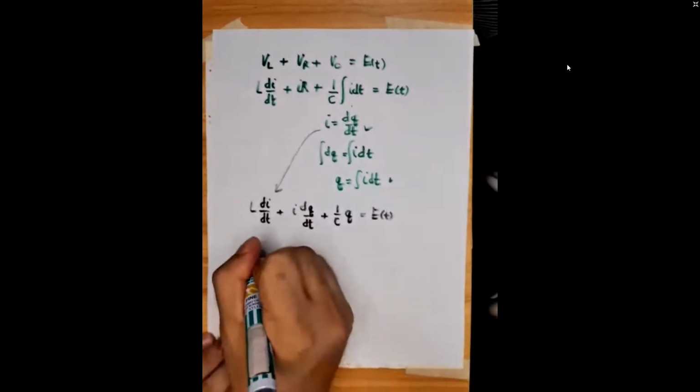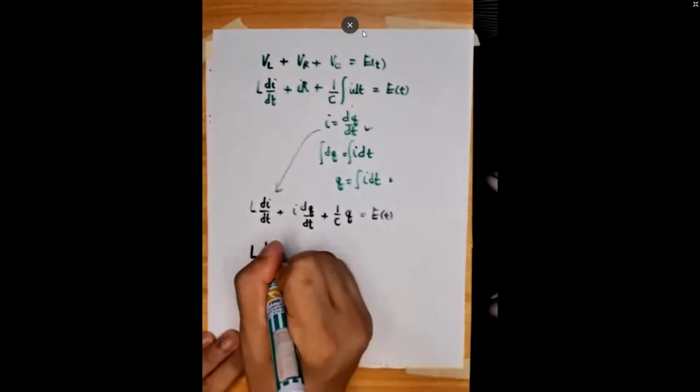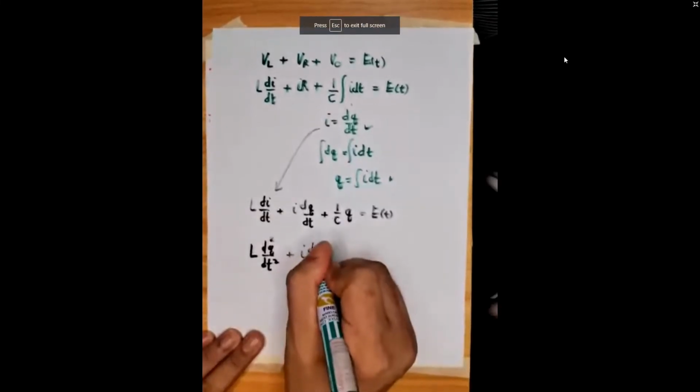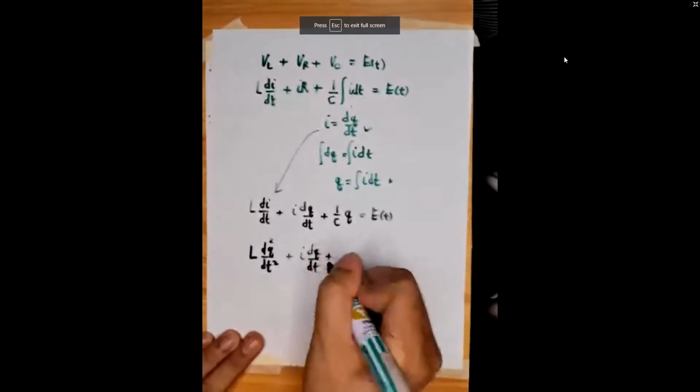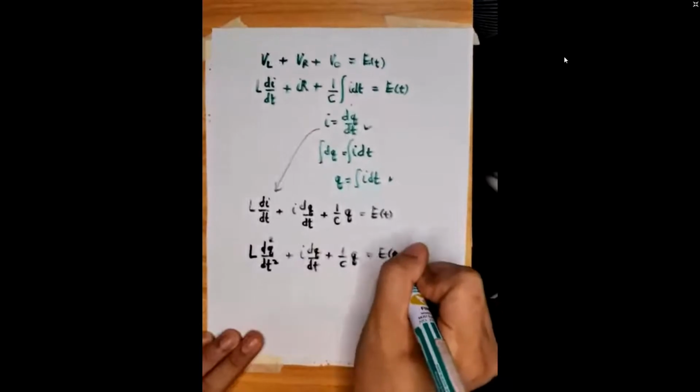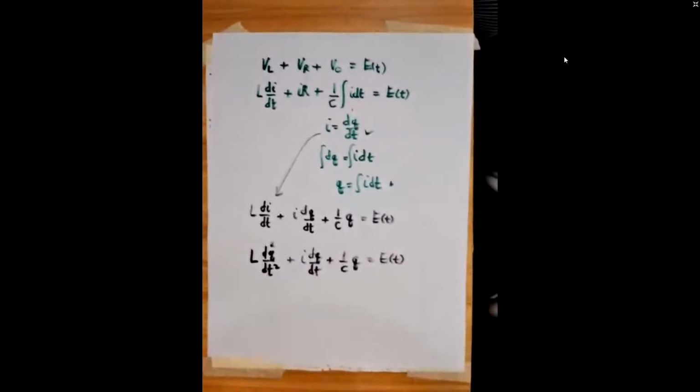So therefore, yung double derivative ng charge times yung inductance, okay, plus I dq over dt plus 1 over Cq is equal to E times T.